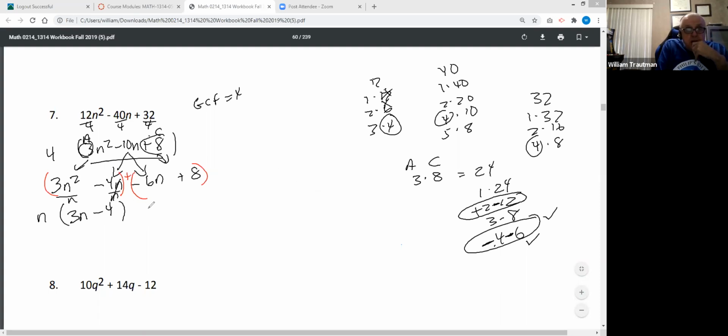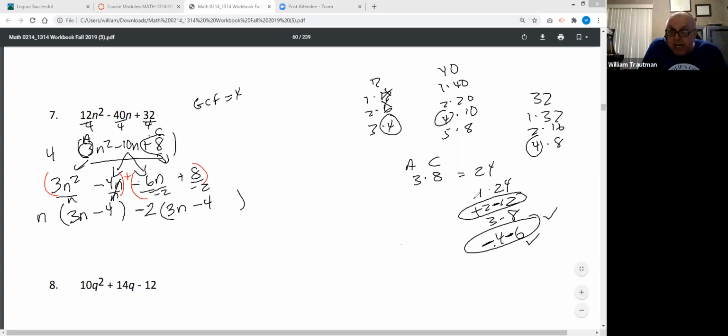The third term is negative, so I'm going to factor out a negative. I have a 6 and an 8, so they both divide by 2. So I'm going to divide both of these by -2. -6 divided by -2 is a positive 3n. A positive 8 divided by -2 is a -4, and our parentheses are identical.